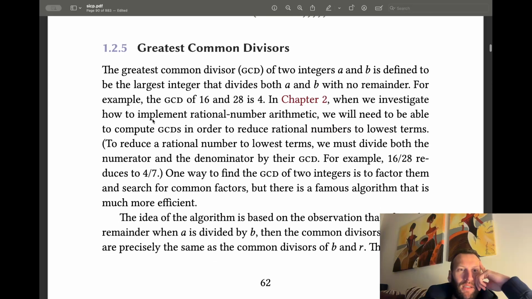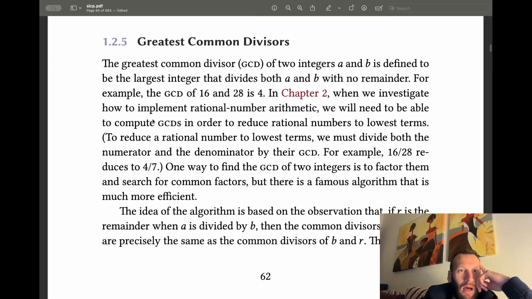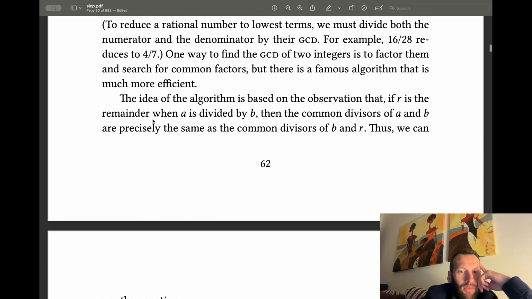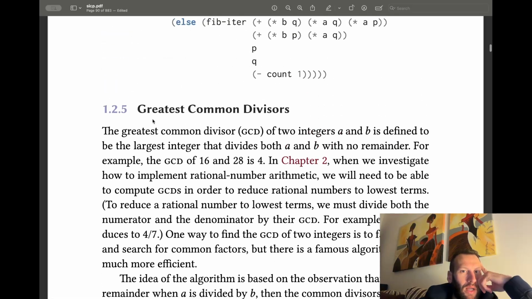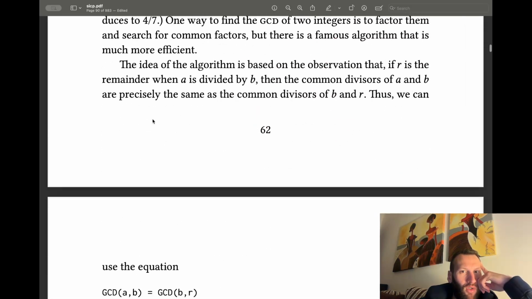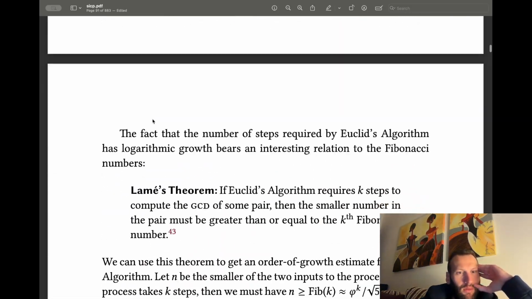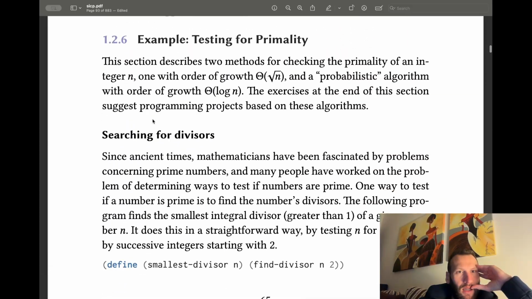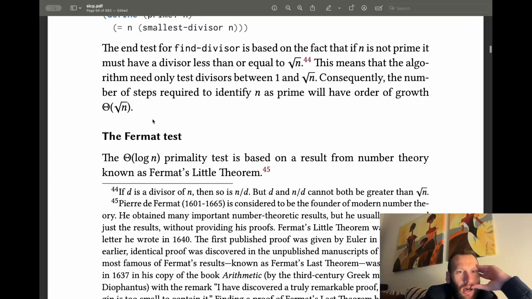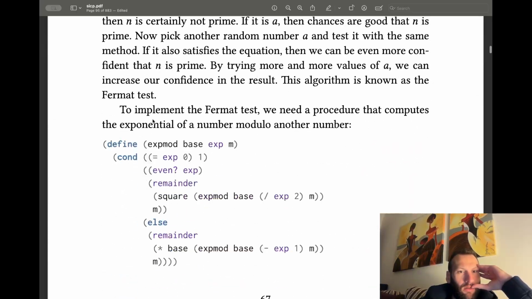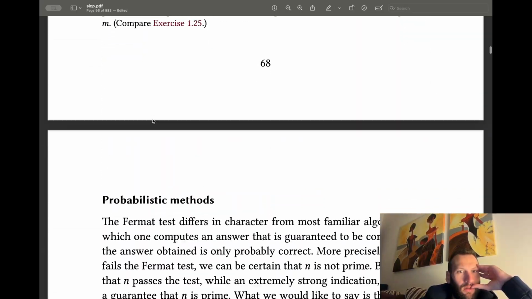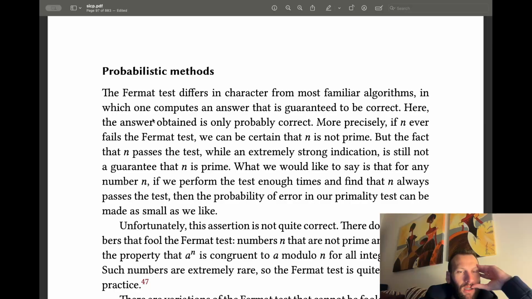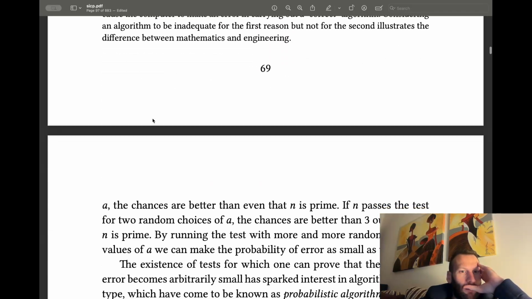Let me see how many paragraphs are left. We have greatest common divisors, then we have probabilistic methods.